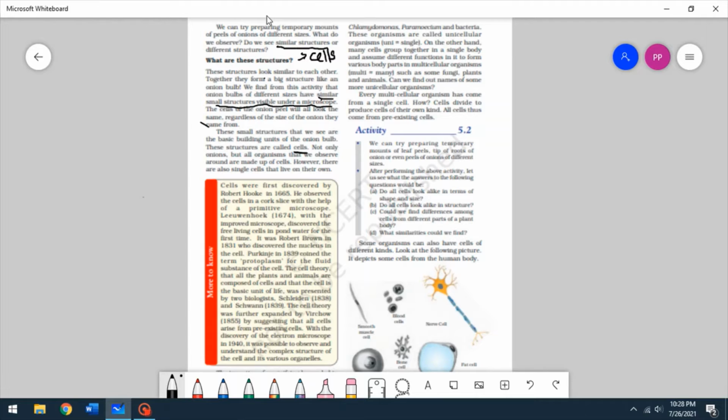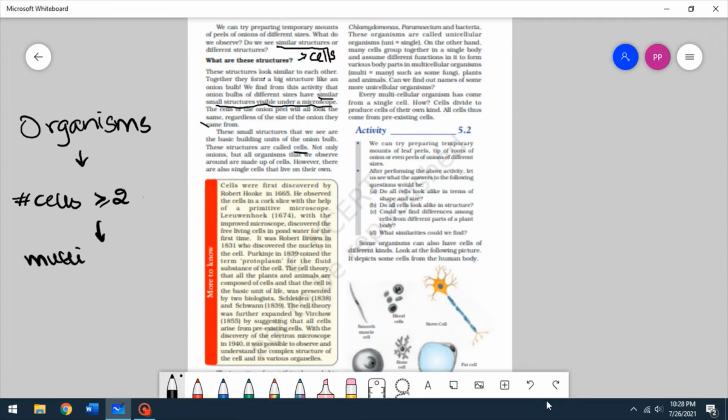So organisms that are made up of 2 or more cells, so let's say number of cells is greater than or equal to 2, that would make these organisms multicellular. Alright, and people who cringed looking at this mathematical equation, don't forget you are in class 9.